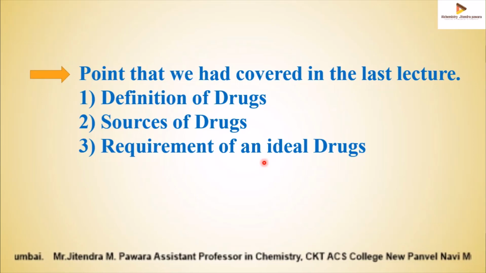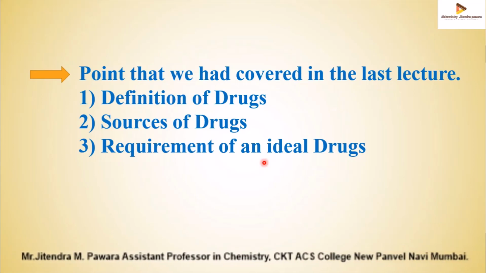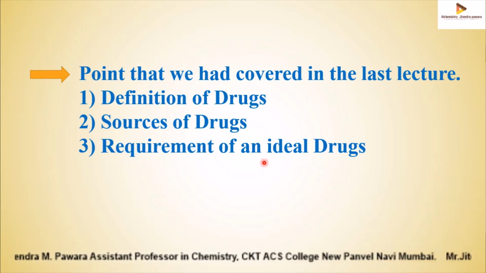The next requirement is that it should have minimum side effects. Although there is no drug which doesn't have any side effects, all drugs having side effects, in requirement of an ideal drug, your drug should have minimum side effects.